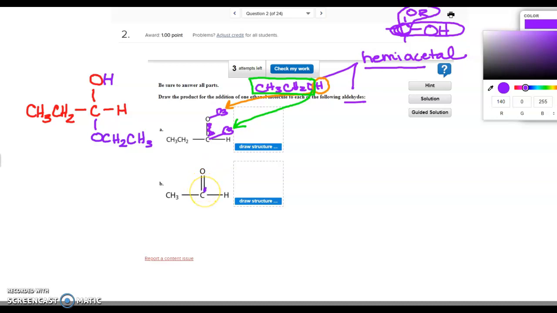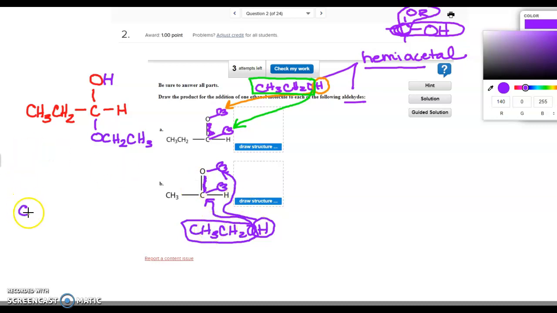We open up the double bond, jazz hands, jazz hands. We would be doing ethanol again. So if I put my ethanol molecule down here, CH3CH2OH, my OH is going to go here, and then the rest is going to go here, right there.